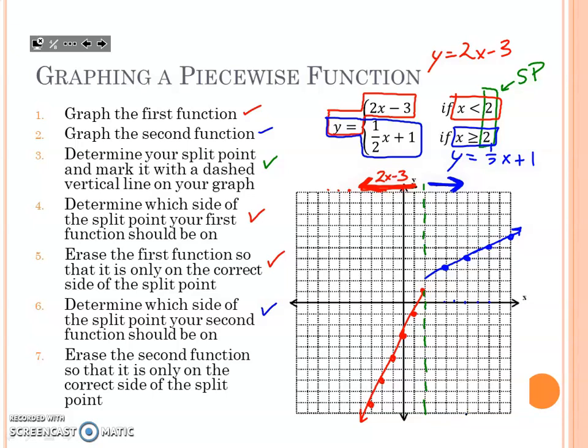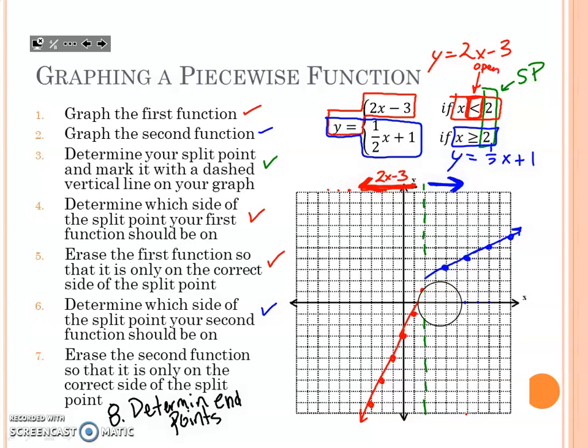The only thing I forgot is a step 8, which is determine your endpoints. And what I mean by determine endpoints is you have to determine, is it open or is it closed? So I'm going to go up here. For my red function, I've got a less than. Less than would mean that I would need an open circle.